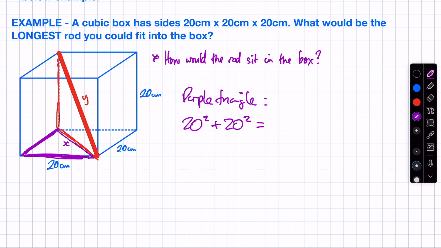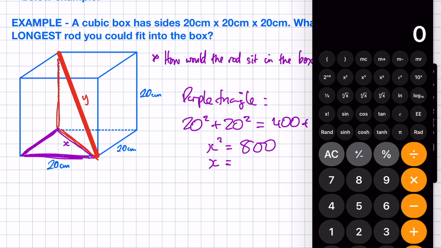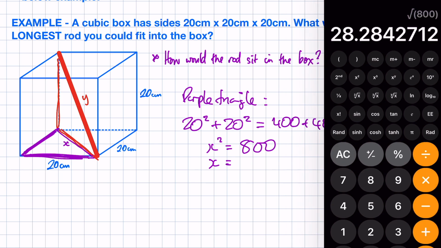20 squared plus 20 squared, that is 400 plus 400. And so X squared is going to be 800. The opposite of squaring something is the square root, so X is going to be the square root of 800, which is 28.28.